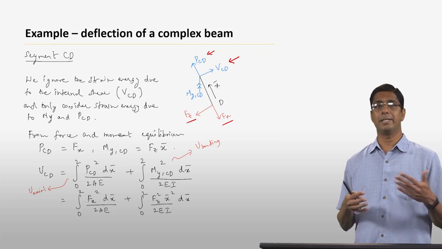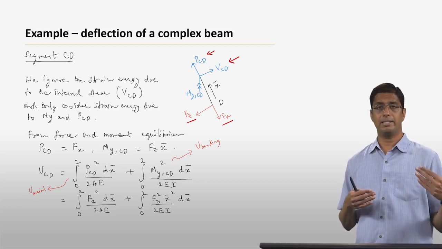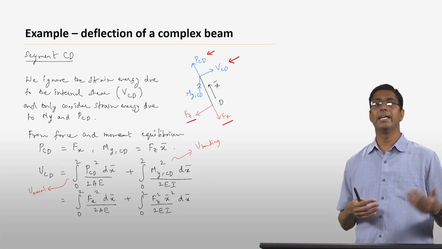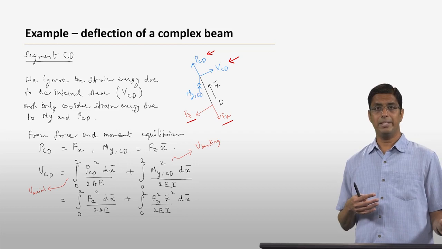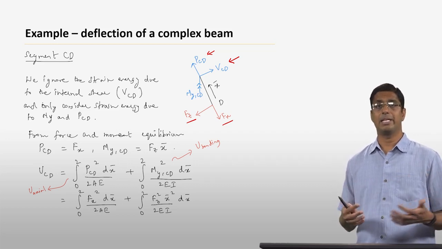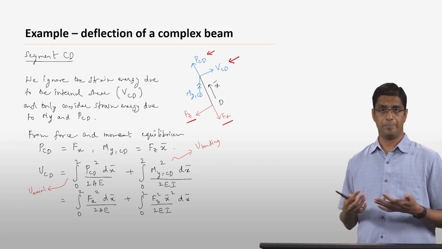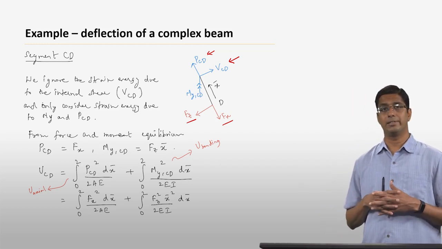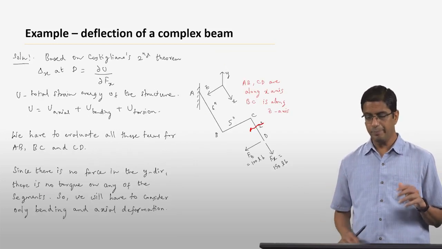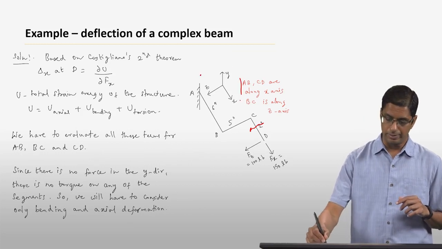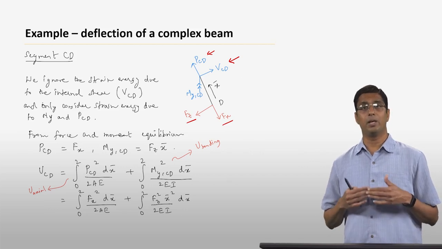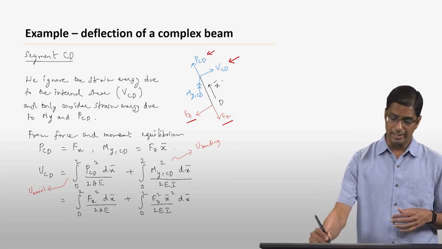When I say PCD, it means the internal axial force at any point between C and D. Similarly, when I say MYCD, it essentially means the internal moment along the y direction at any point between C and D. These things can be either constants or variables. Now, even though we have a coordinate system for the entire problem, which is given, the coordinate system x, y, z, in some cases it is useful to define a local coordinate, and that is what I have done here.